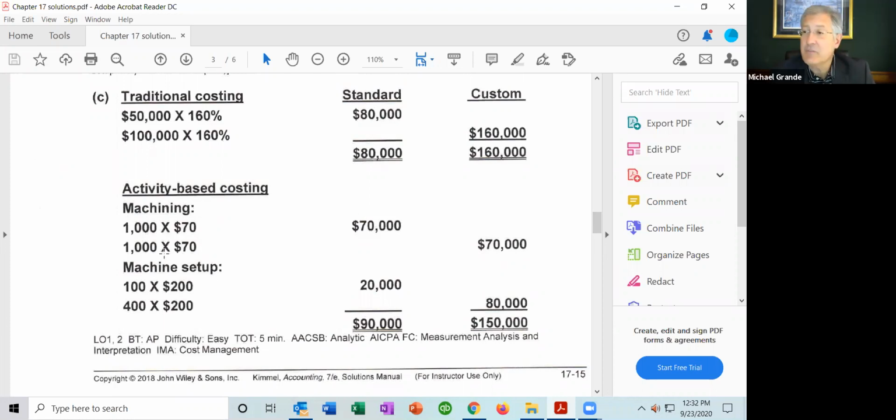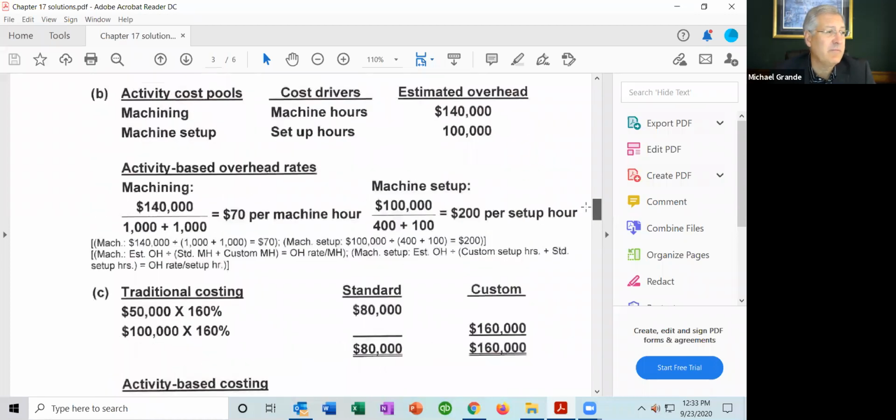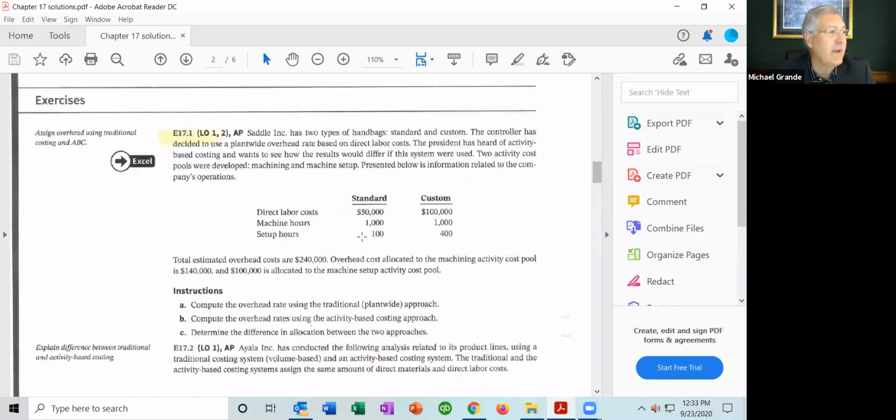And there also happens to be 1,000 machine hours for the custom at $70 is $70,000. So again, as a refresher, the activity rate, $70 per machine hour, comes from here, and the breakdown of machine hours, 1,000 for standard and 1,000 for custom.